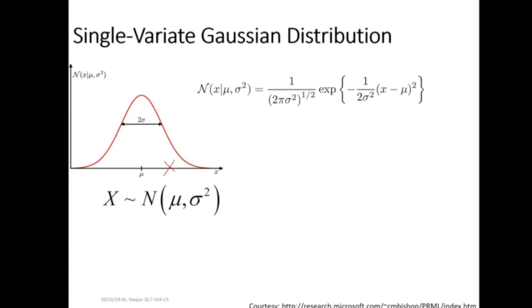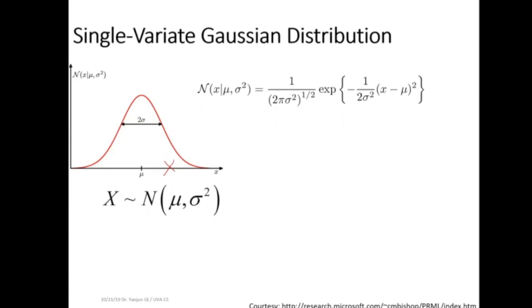A single Gaussian distribution has a bell-shaped PDF. And this bell-shaped PDF is normally written as this math N with two parameters. First parameter is mu, which is the mean. Second parameter is sigma squared, which is the variance.